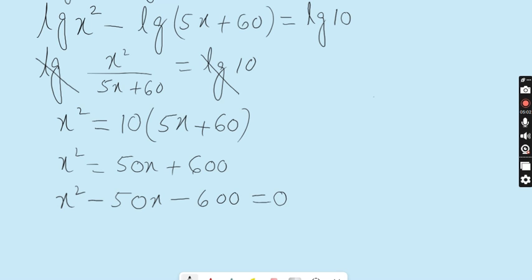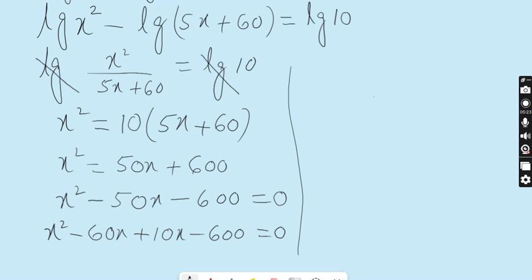So x squared minus 60x plus 10x minus 600 is equal to 0. Why? Because 60 tens are 600 and minus 60 plus 10 is minus 50.